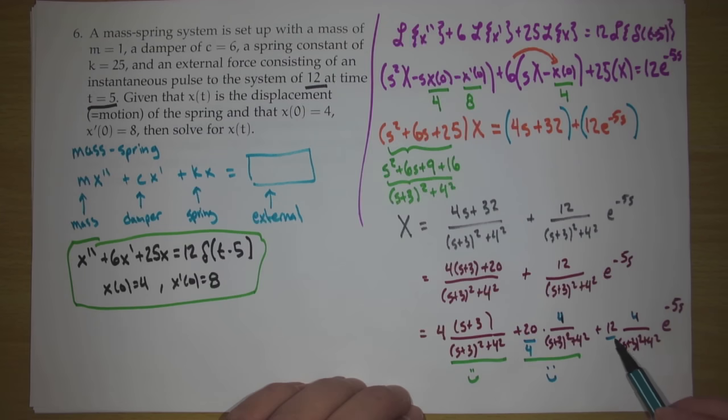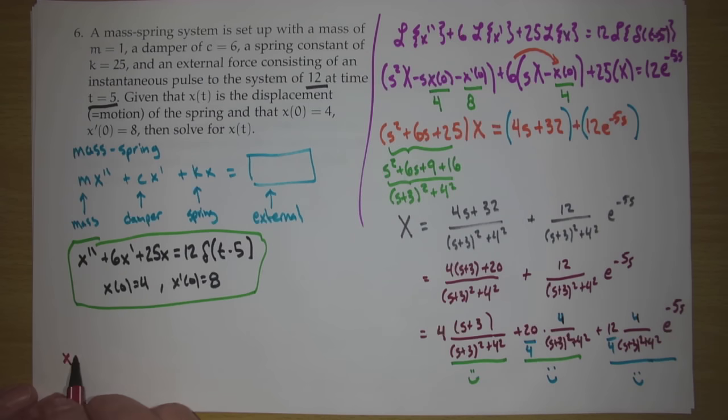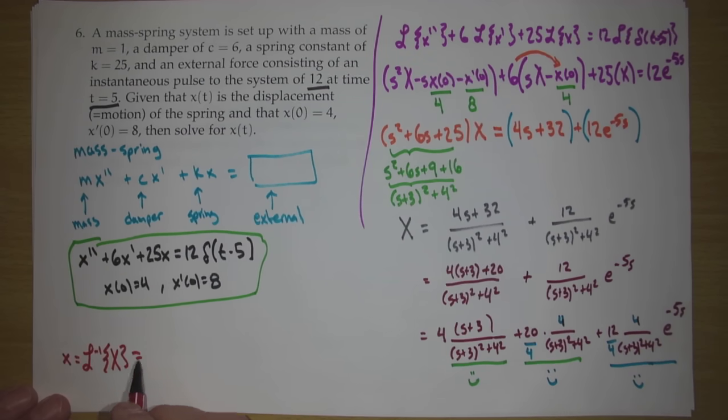Put a 4 up, put a 4 down. All right, now are we happy with this part? Yes, life is good. All right, so we're ready to say, what is our motion, little x? Inverse Laplace of big X.